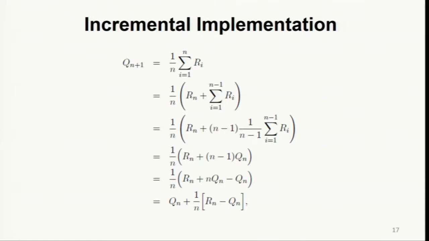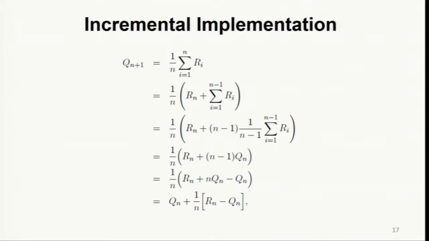If you pull this inside, it becomes Q_n, and this is Q_{n+1}. Then you pull this over here and expand it a little bit. Then you have this iterative function: Q_{n+1} equals Q_n plus the return for the nth trial minus Q_n, the gap.